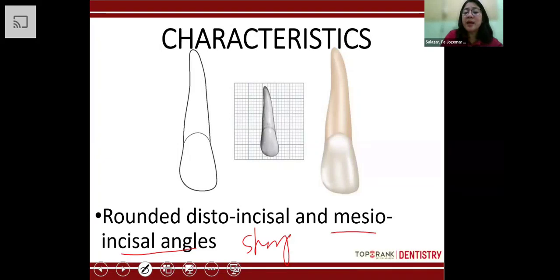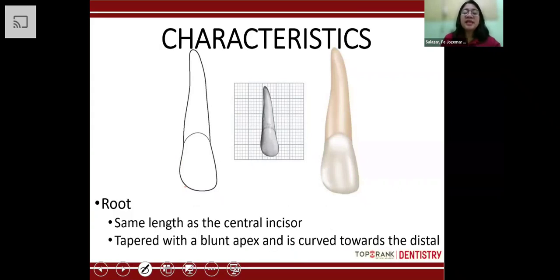Yes, it is still the same. It is not this rounded. So it is still considered sharper or straighter than the very rounded disto-incisal line. Root is the same length as the central with a tapered blunt apex curving towards the distal. So the roots are distally inclined.